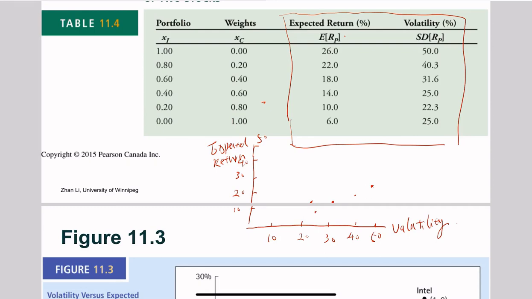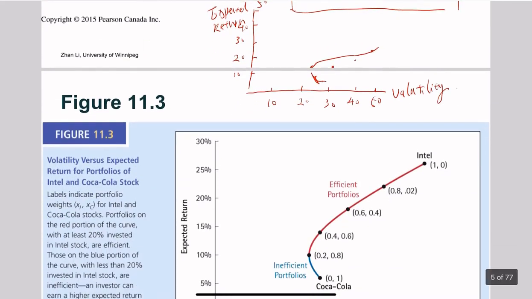And 25, we have 6. Okay, I am not good at drawing this curve, but basically the curve should look something like this, right? Okay, I will give up.